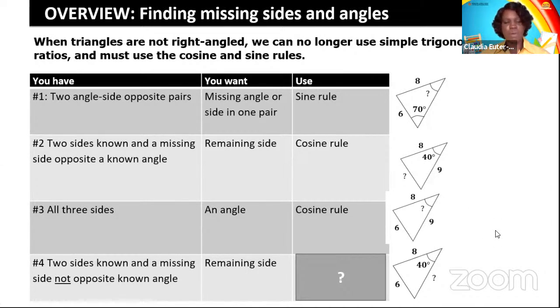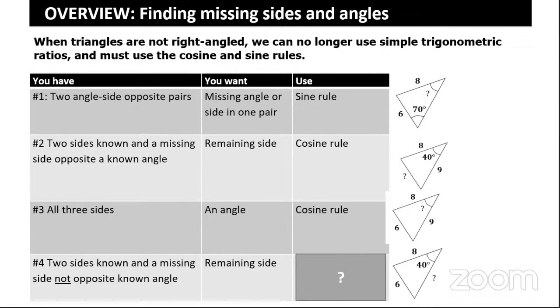Let's look at the last one. Two sides are known and a missing side, not opposite, known. And you have to find the remaining side. What would you do? I'm seeing Taija. I'm so sorry if I'm mispronouncing your name there.